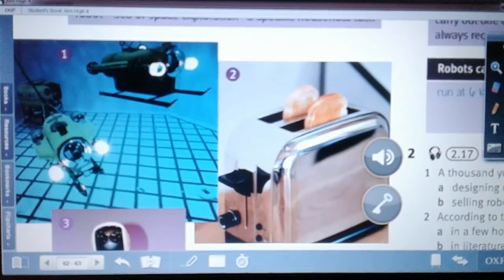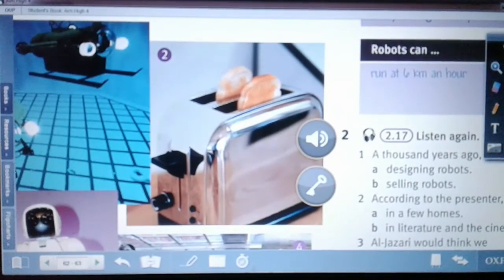Okay, what about the second picture? So this is a toaster. So this is a machine that we can call an appliance.